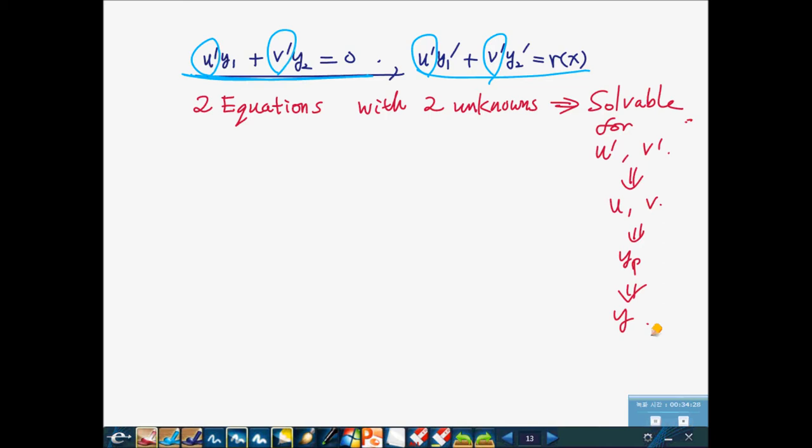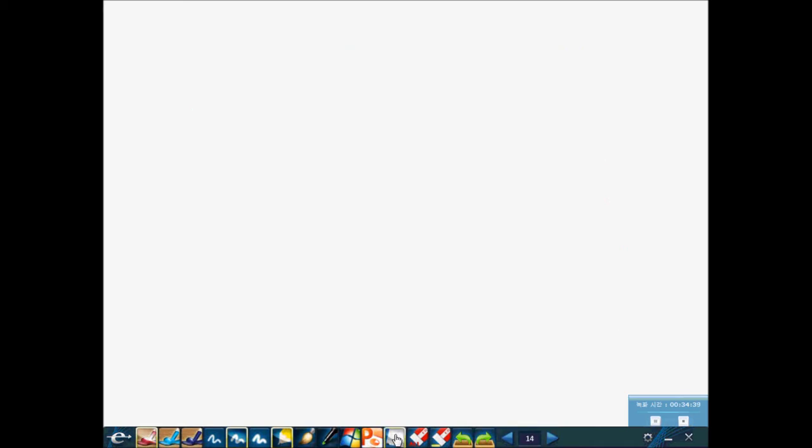See that? All right? So let me rewrite it like this. Same thing. I'm just rewriting it. I'm not going to add new stuff. So let's write it this way. 0 equals Y1 prime U prime plus Y2 prime V prime is R. I didn't do anything special or new.